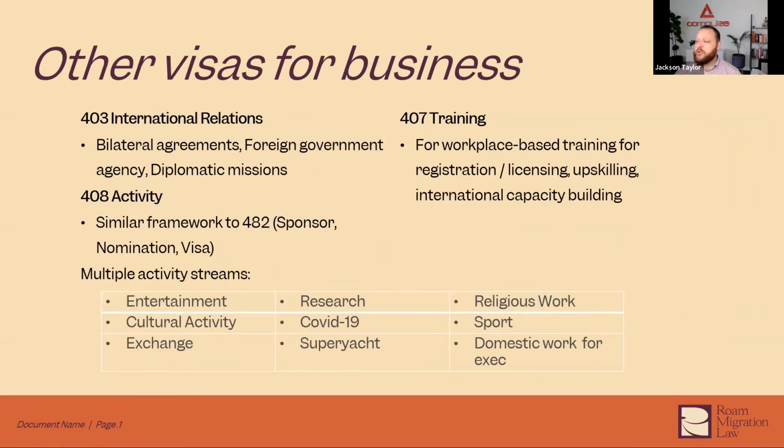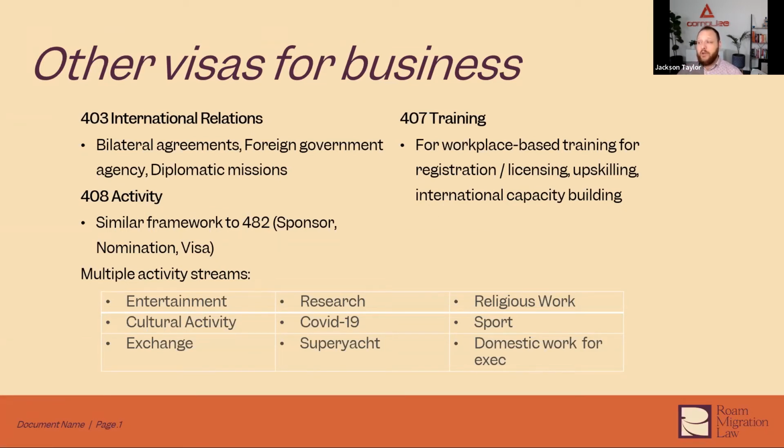Now, I know we haven't got much time, so I'll move on quickly. There are a variety of other visas that businesses may need to look at during the course of events. So the 403 International Relations Visa, probably not relevant for most people here, although this is actually the visa that the Seasonal Work Program or the new PALM, Pacific Australia Labour Migration Scheme, operates under. 407 Training Visa.